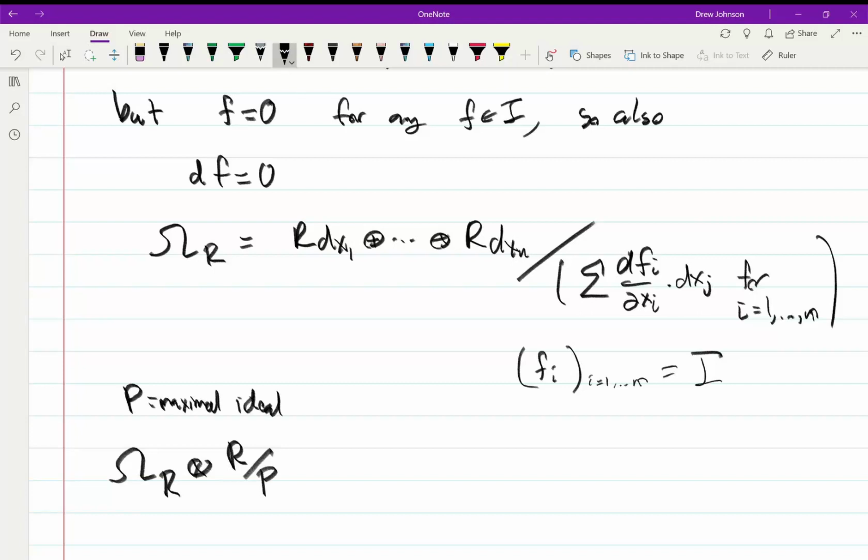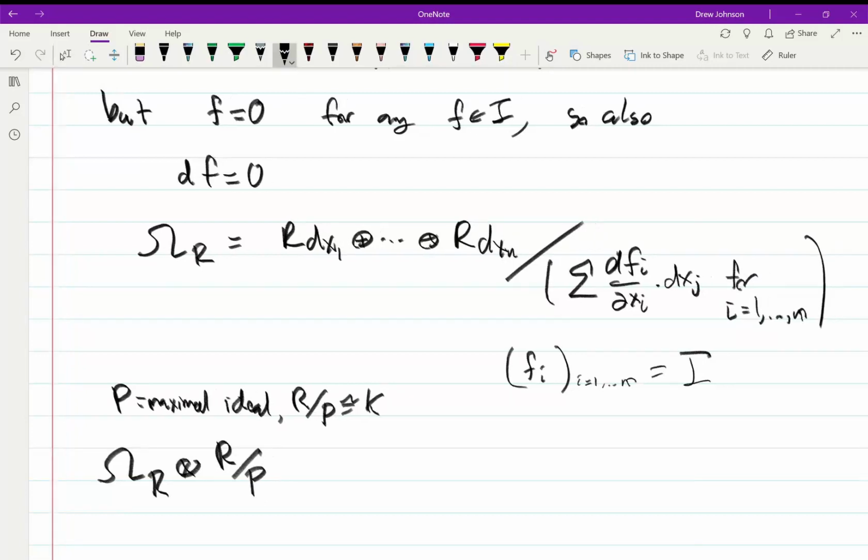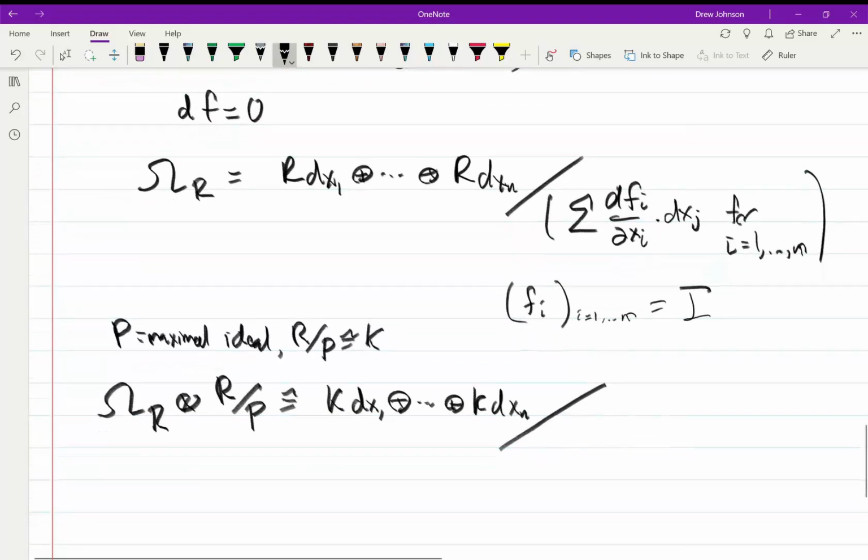And so R mod P will just be isomorphic to the base field. If we do this tensor, then we'll just have a vector space generated by the symbols dx1 through dxn, and then we'll have to mod out by what happens to these functions here when you tensor by R mod P.